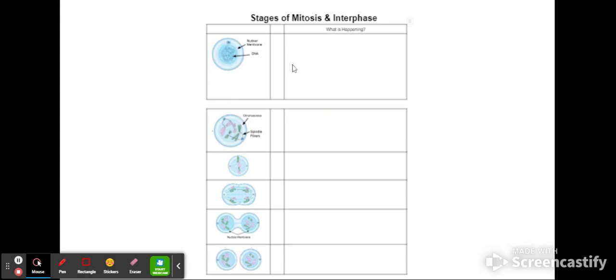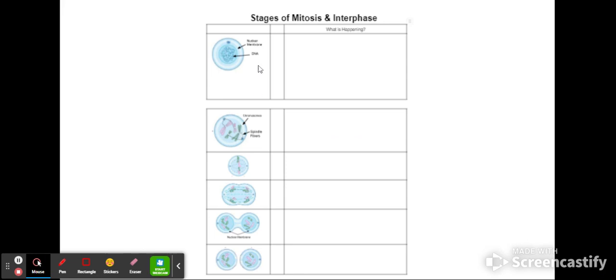Here we had that chromatin. I see spindle fibers. Oh, look, it looks like the spindle fibers connect to the chromosomes. So I could write down spindle fibers connect to chromosomes. Can I see the nucleus anymore? Or the nuclear membrane? Oh no, I don't. Can't see the nuclear membrane.